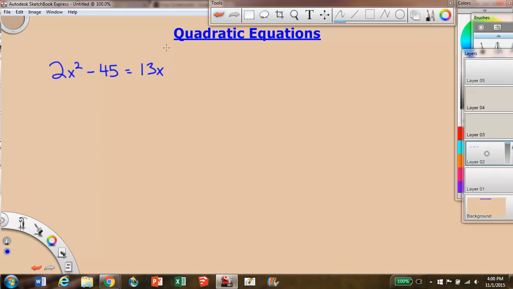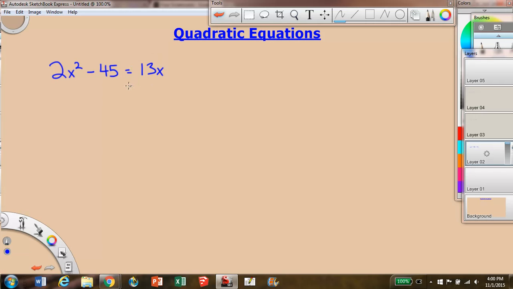Okay, so we have a quadratic equation here, and I know this is a quadratic equation because I have this x to the second power. And what we need to do here is we need to get a 0 on one side. And I'll remind you why in just a second, but let's do that first. So I'm going to leave this left side alone, basically. And in my head, I'm thinking, I want to get rid of this 13x.